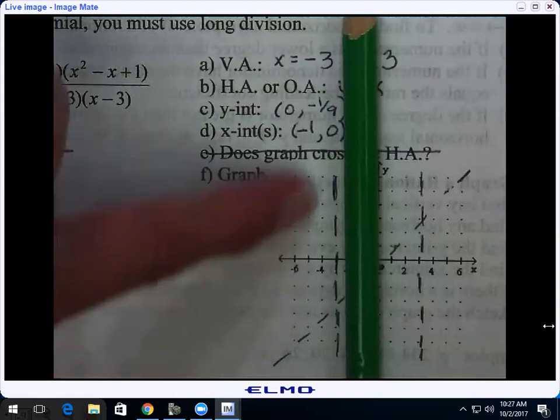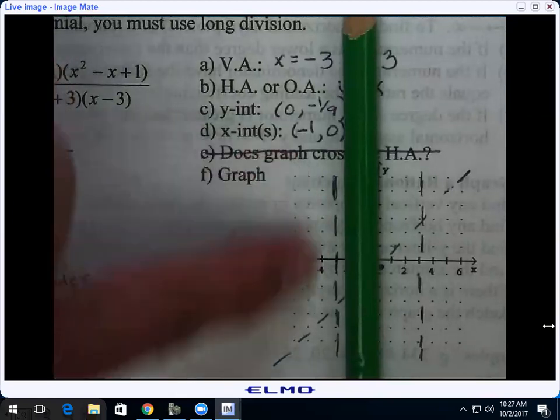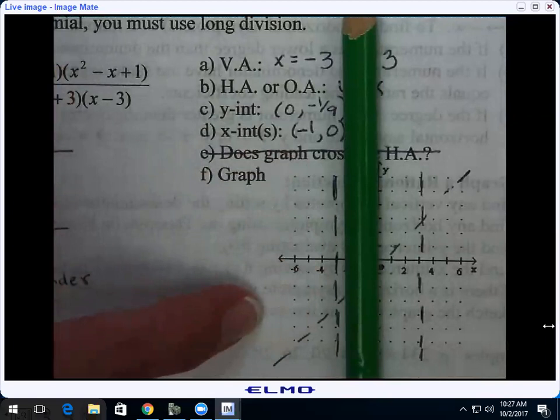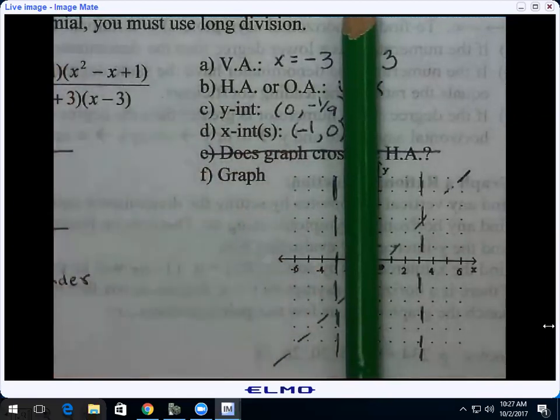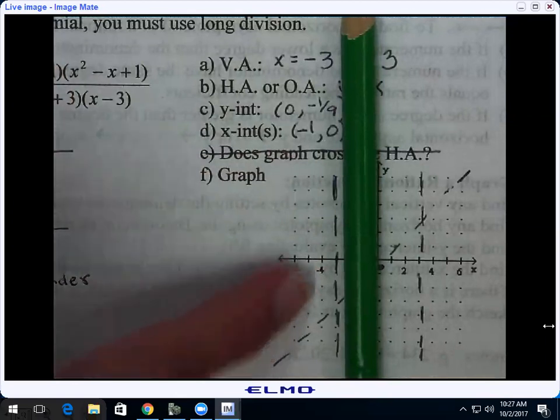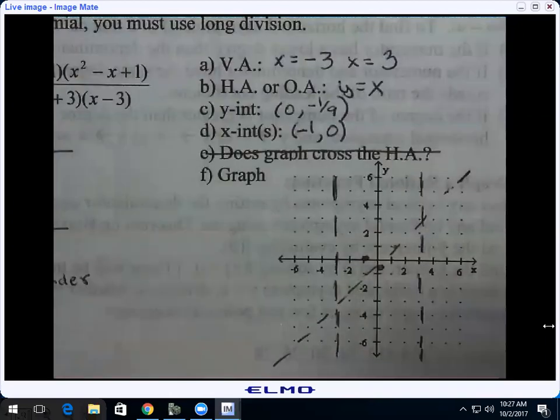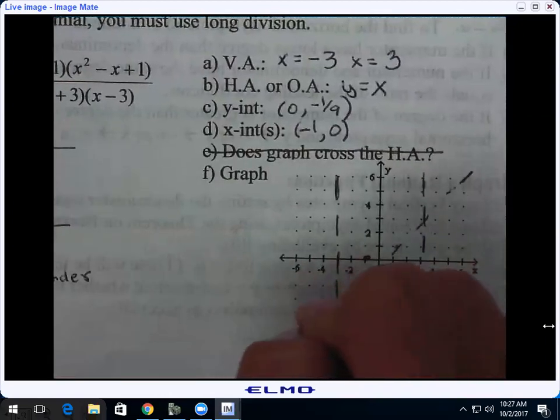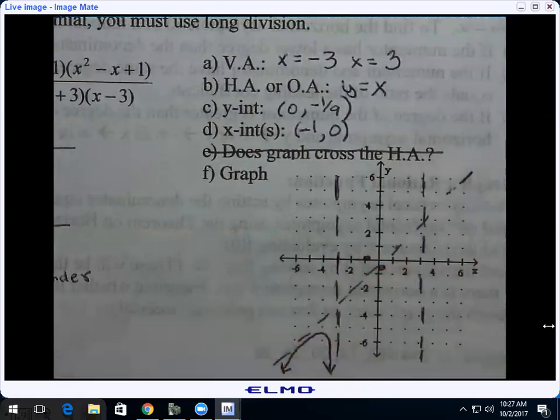There would be another x-intercept over here if it was above. If you can figure that out without a test point, great. If you can't, then use a test point. But you really shouldn't need to, because there's no other x-intercept to the left of x equals -3. That means this piece of the graph has to be there.